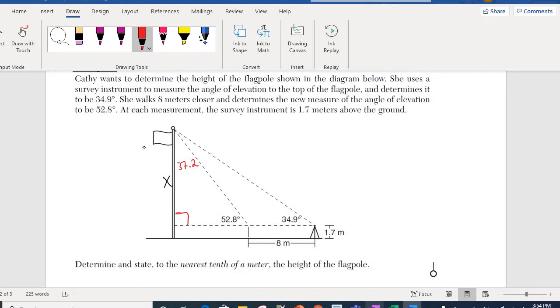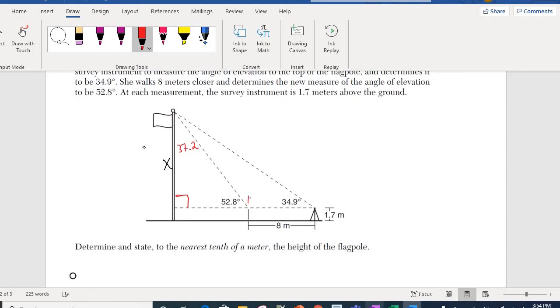And then what I can do is find the angle supplementary to the 52.8, so if I take 180 minus 52.8, that'll give you 127.2. And then finally, if I look at that skinny triangle on the right, I'll take the 127.2 and add to that the 34.9, that's 162.1.